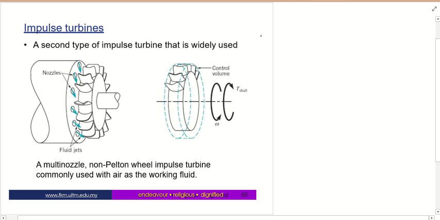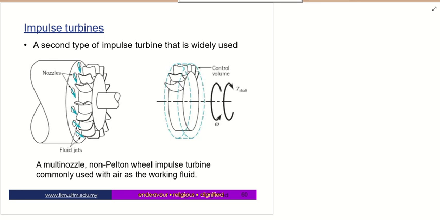Okay, so we proceed to a second type of impulse turbine that is commonly used in engineering applications. For the second type of impulse turbine, commonly the working fluid is gas.